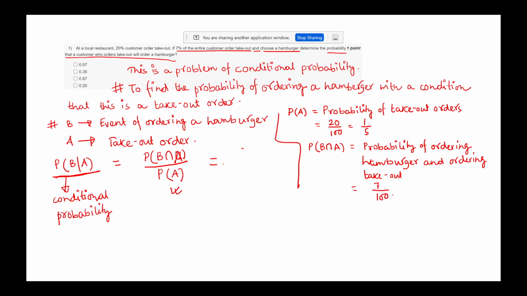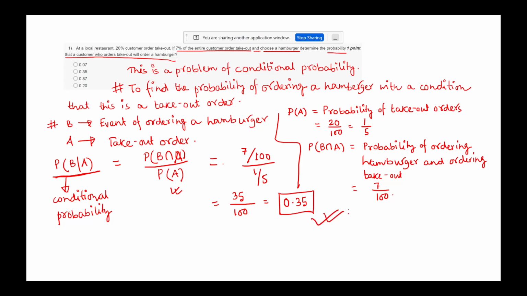And if you put those things here, 7 by 100 divided by 1 by 5, then you get 35 by 100, which is equal to 0.35.